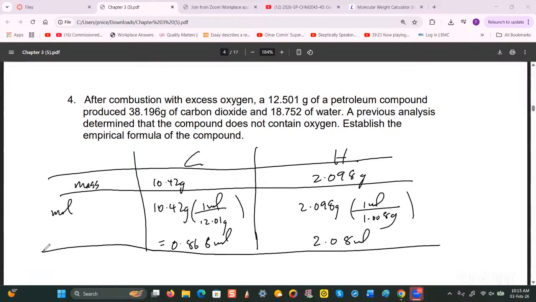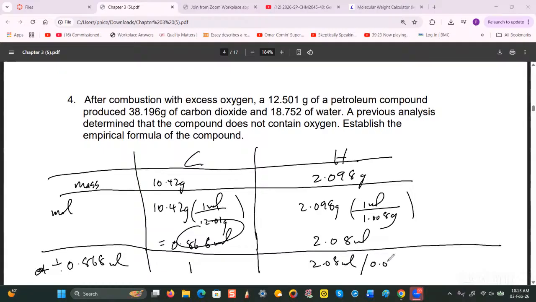Okay, so we have the mole values. What's the next step, based on what we did before in the previous example? Divide by the lowest. Exactly, which would be the 0.868, so divided by 0.868 moles. So this will give you 1, and then 2.08 moles divided by 0.868 moles.